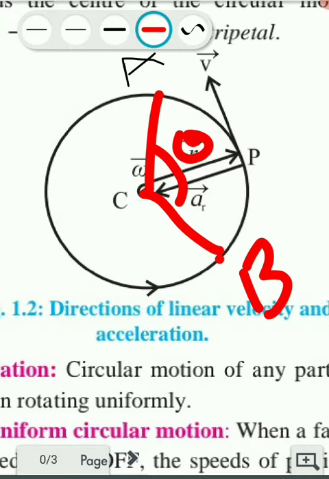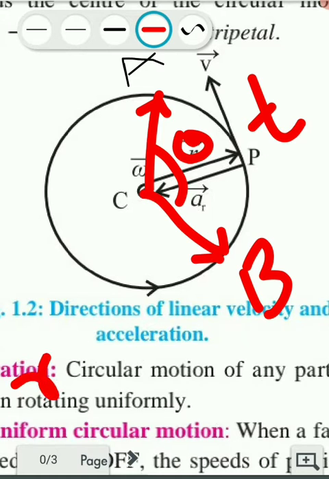Therefore, we can define angular displacement. It is defined as the angle made by the radius vector from the initial position to the final position in a given time t. This is called angular displacement, and this angle is represented in the unit radian.